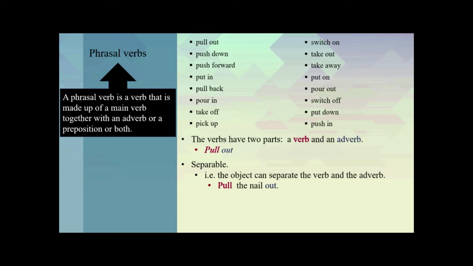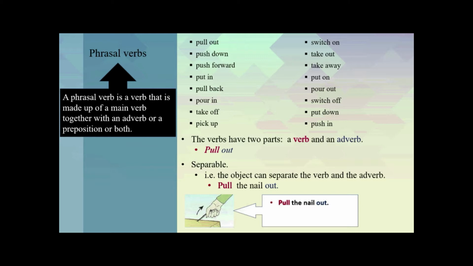Now, let's look at the word order of the phrasal verb with noun and pronoun objects. Look at this picture. We can say pull the nail out as an instruction. We can give instruction saying pull the nail out.